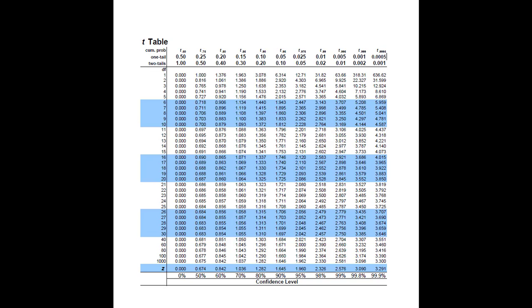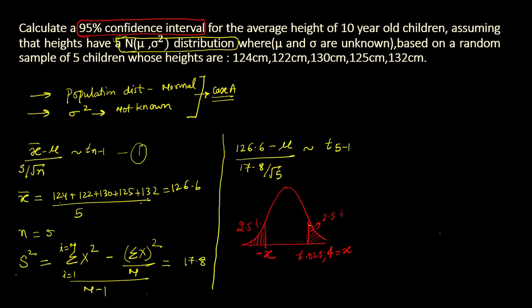Here we can see the degree of freedom, so this would be 4 degrees of freedom, and against this t 0.025 is 2.776. So this is the value of t 0.025 comma 4. From the t table we have seen that t 0.025 comma 4 is 2.776.